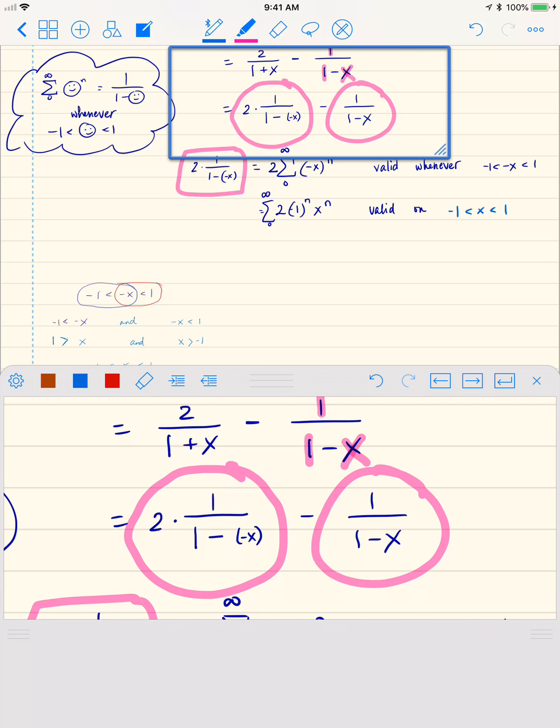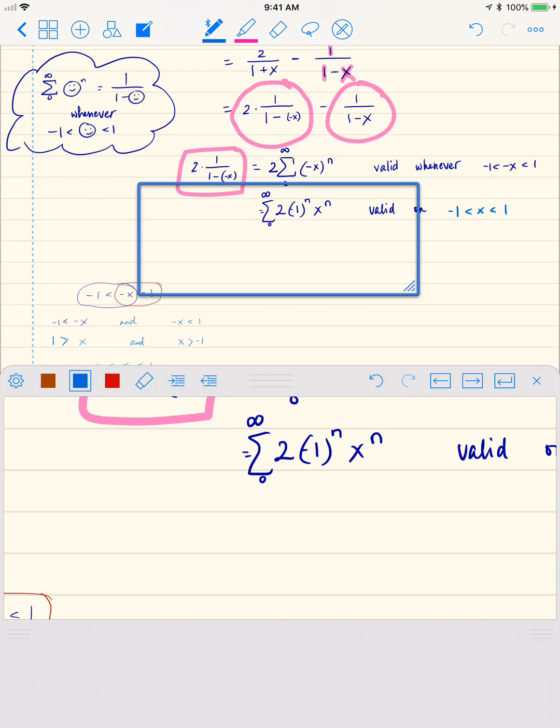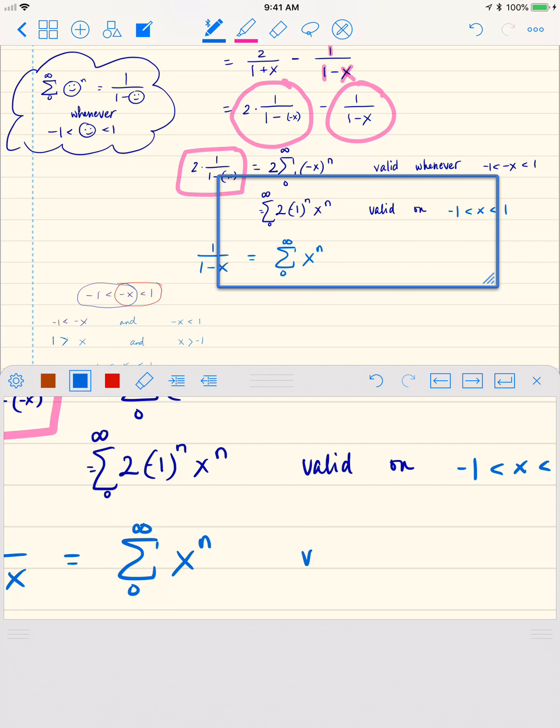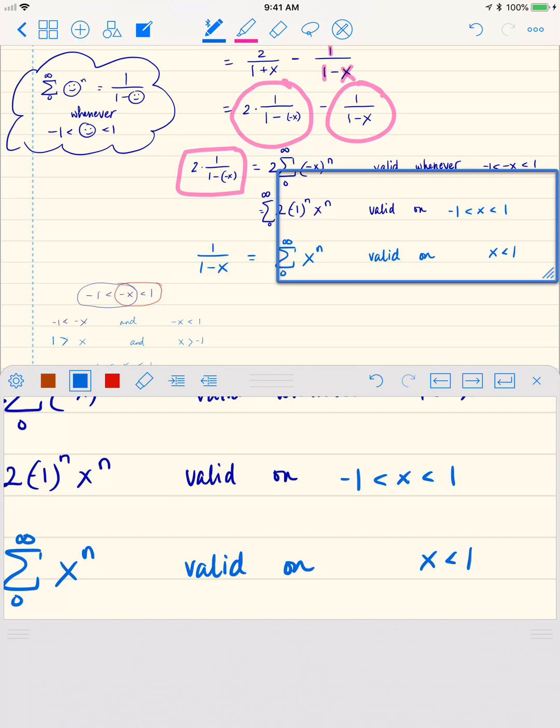The second power series is going to be relatively easy because 1 over 1 minus x is just the sum from 0 to infinity of x to the n, and it is valid on x in between 1 and negative 1.